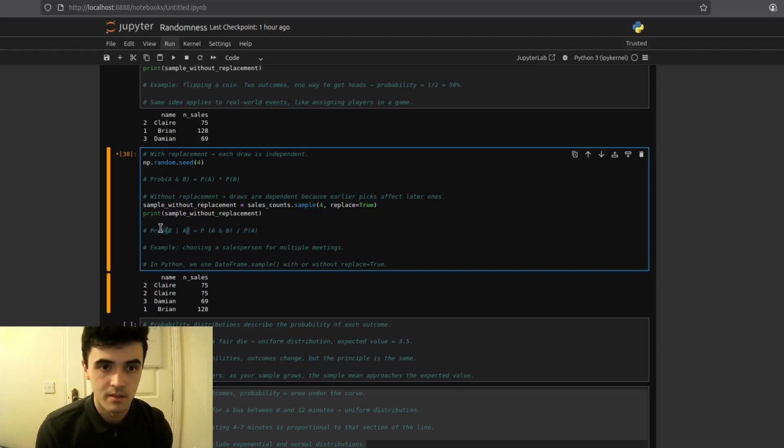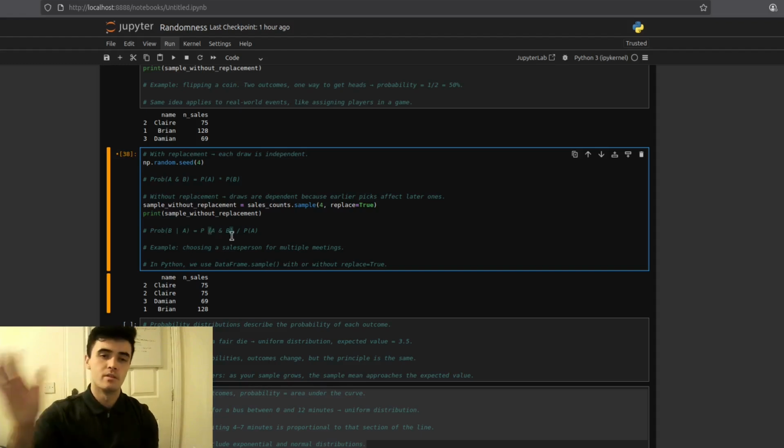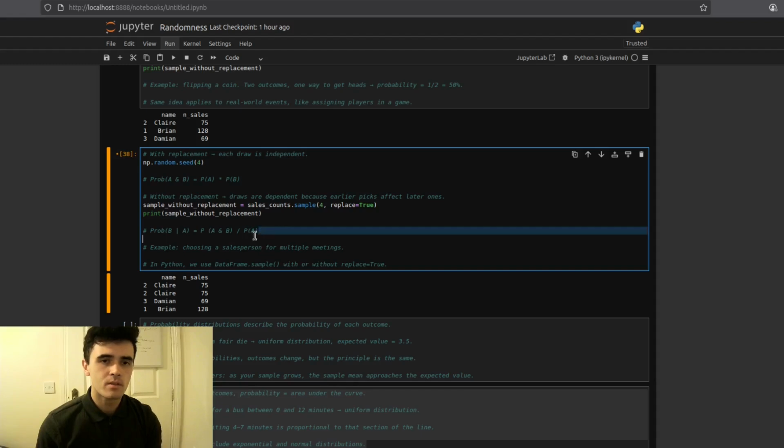That's the probability of B given A is equal to the probability of A and B divided by the probability of A. That's a little bit harder to understand intuitively, but the way I think about it is I solve this equation for the probability of A and B, so the probability of A and B is equal to the probability of B given A times the probability of A, and for me that just feels a bit more intuitive to think about.